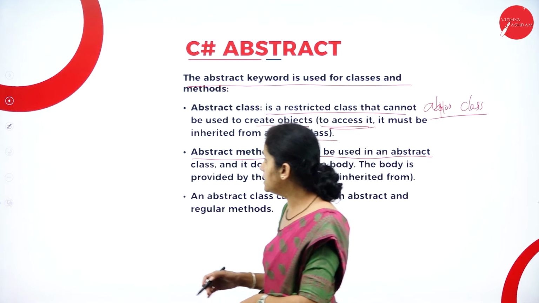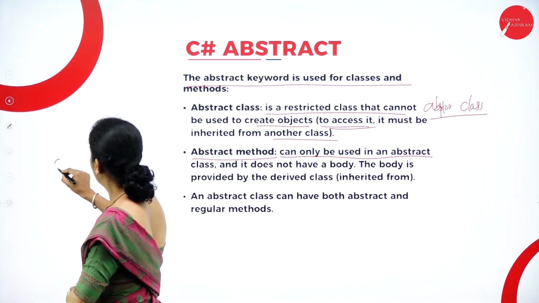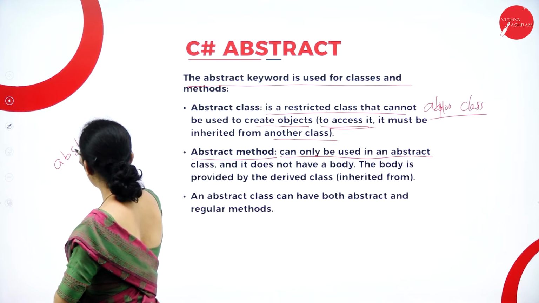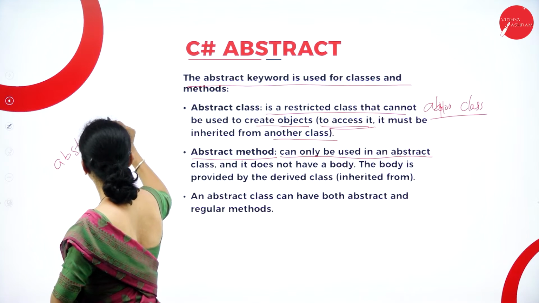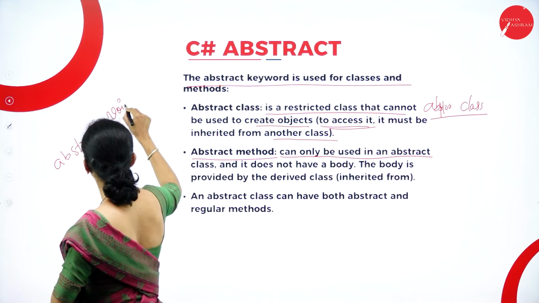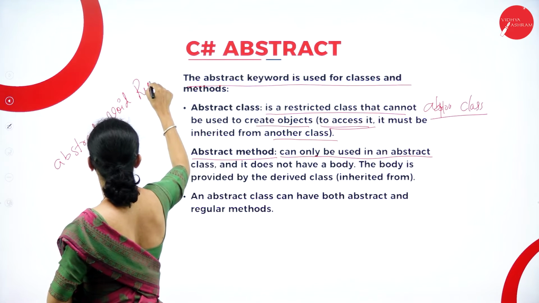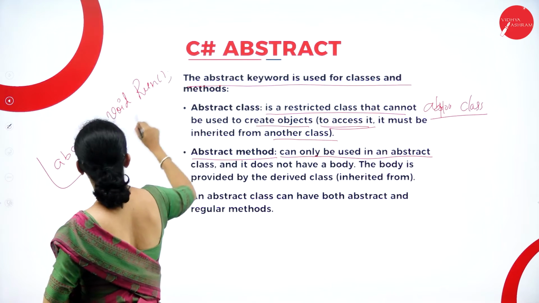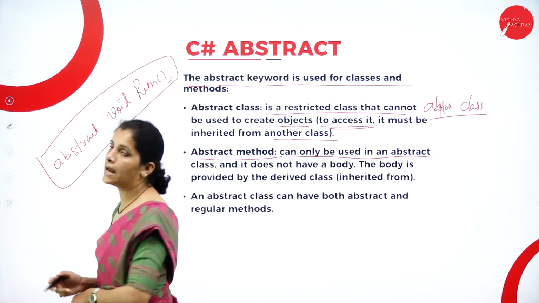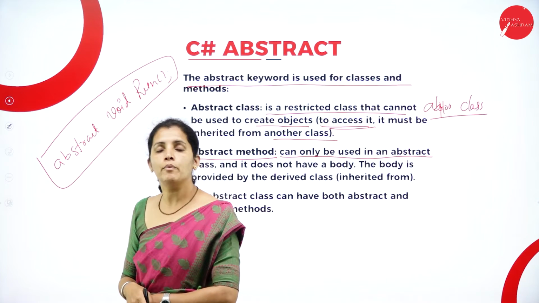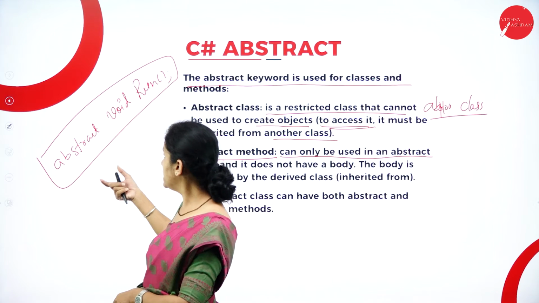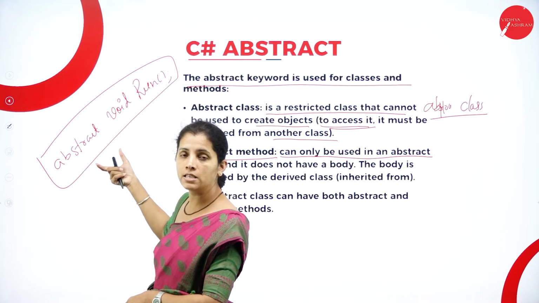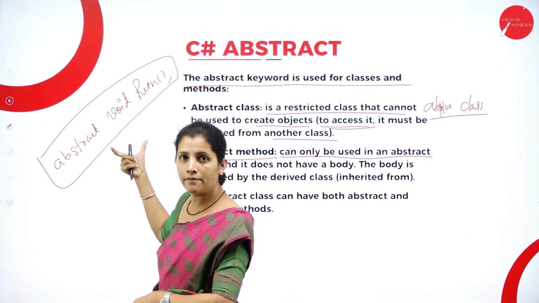For example, think that I write abstract void run. Okay, this is the example for an abstract method. And I'm going to write the implementation part of this method in my derived class.